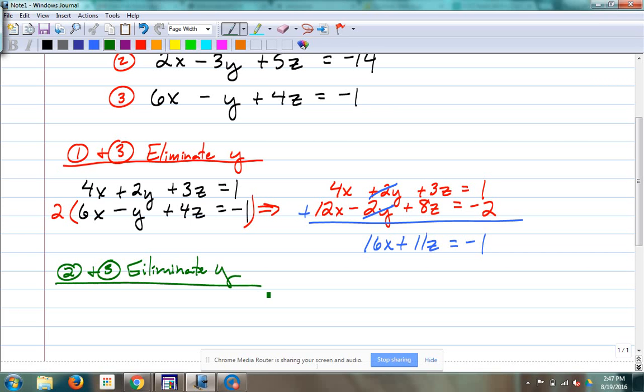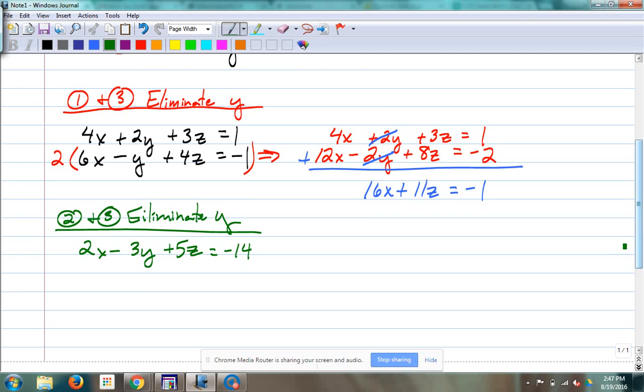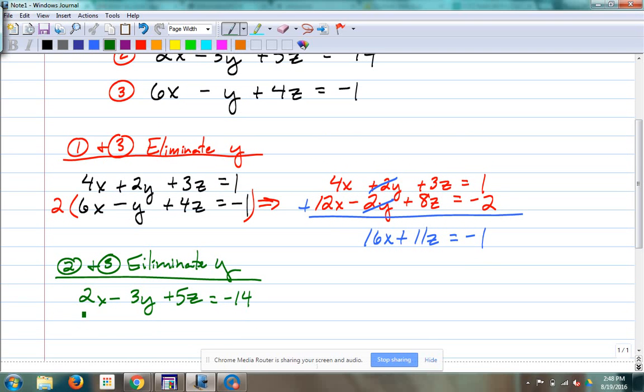So I'm taking equation 2, 2x minus 3y plus 5z equals negative 14. And then equation 3, 6x minus y plus 4z equals negative 1. Multiply that second one, you guys are right, by negative 3.